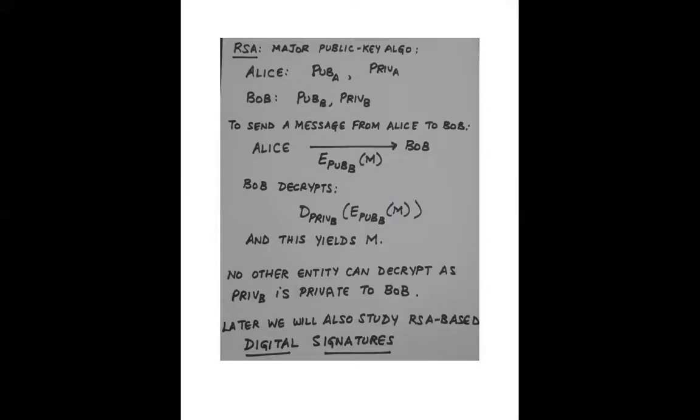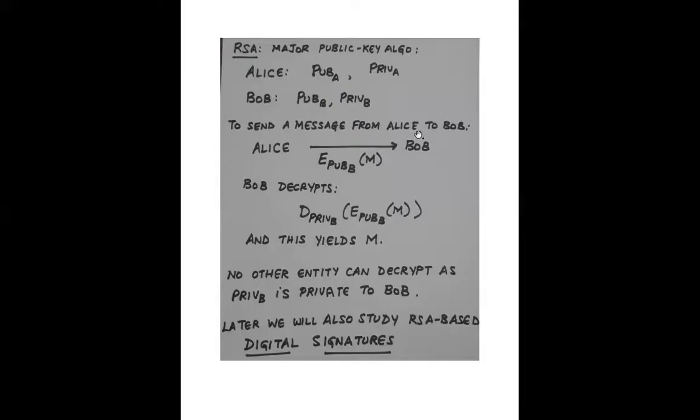So given public key cryptography, let us say that Alice wants to send a message M to Bob, and she wants to preserve the confidentiality of this message M. The way that would be accomplished is that when Alice sends the message to Bob, she will encrypt that message M with the public key of Bob.